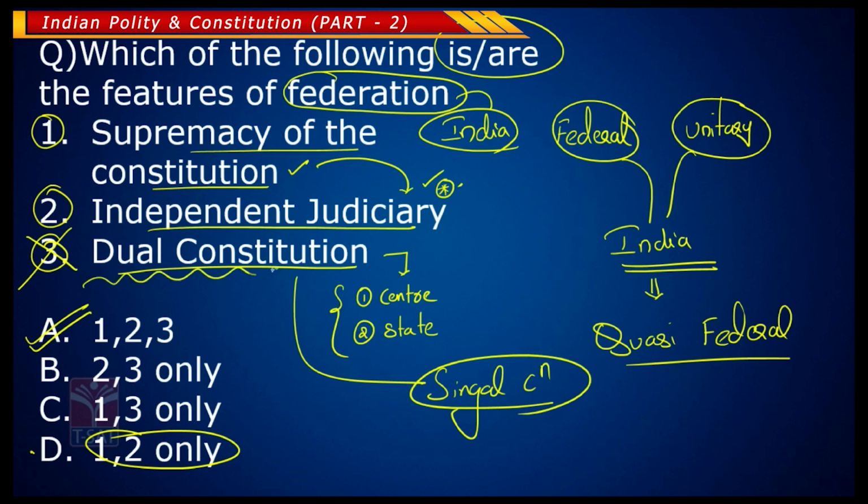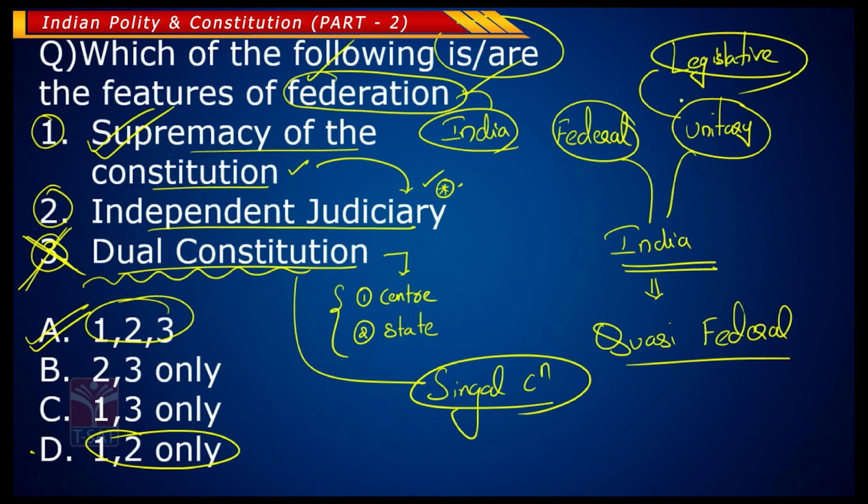Even though dual constitution is a feature of the federation, in India there is no dual constitution. That is the meaning here. Now, this is the question and the answer is 1 to 3. Supremacy of the constitution is a feature of the federation. In a unitary country, there is a supremacy of legislature. We have legislative supremacy.